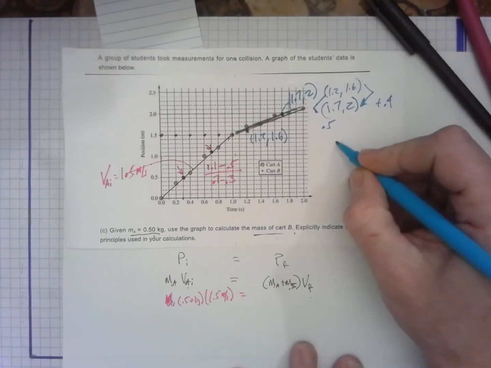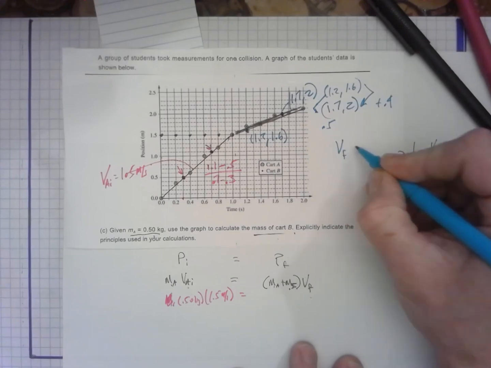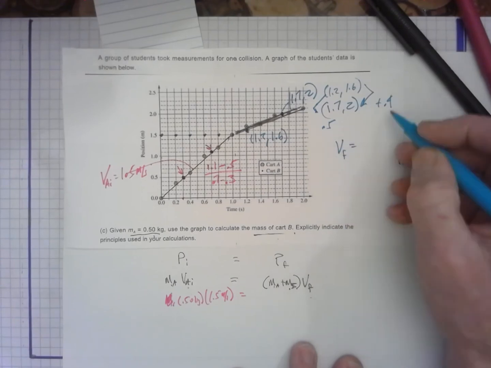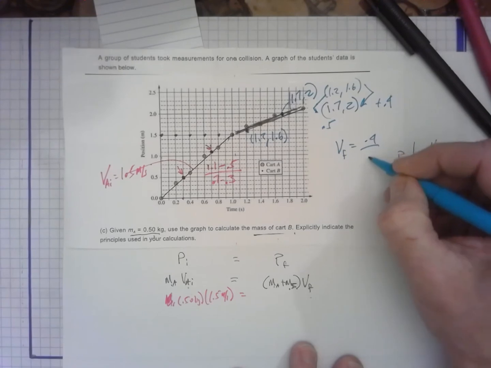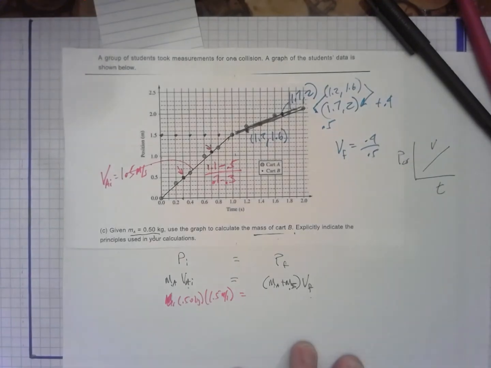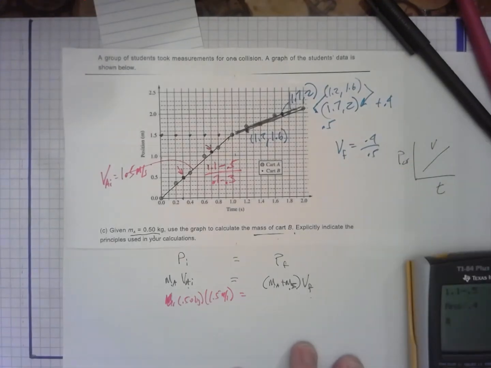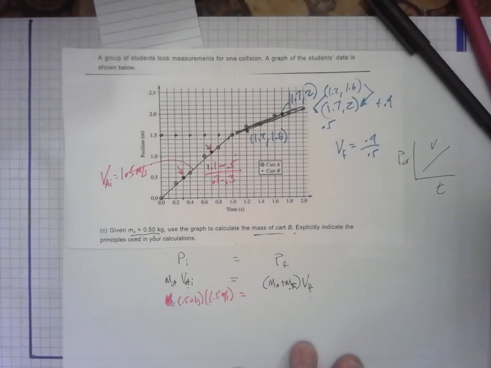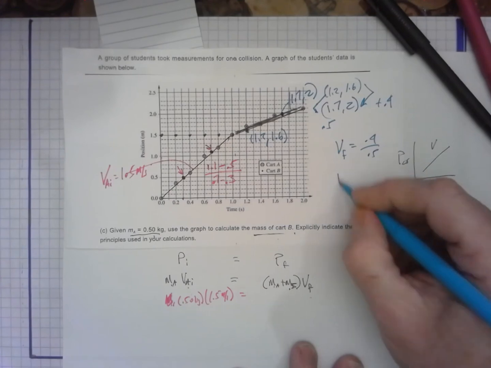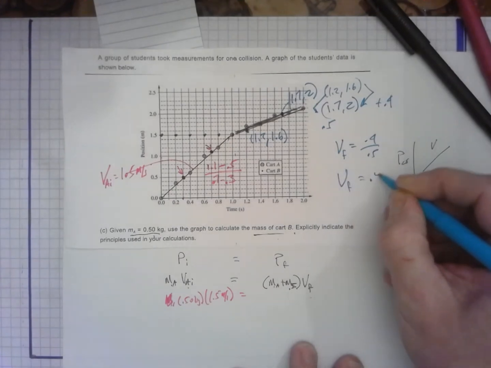So the final velocity of the two carts is going to be the change in y, 0.4, divided by 0.5. 4/5 should be 2, 4, 6, 8, but let's just make sure. Yep, 0.8 meters per second.